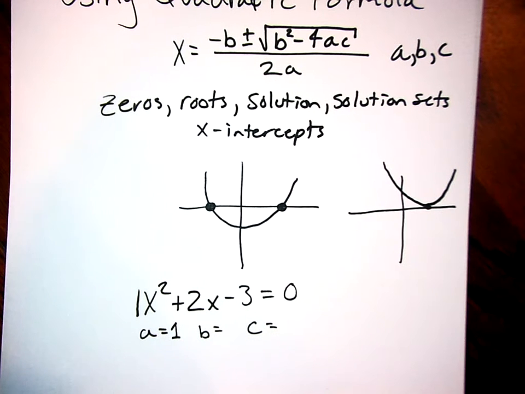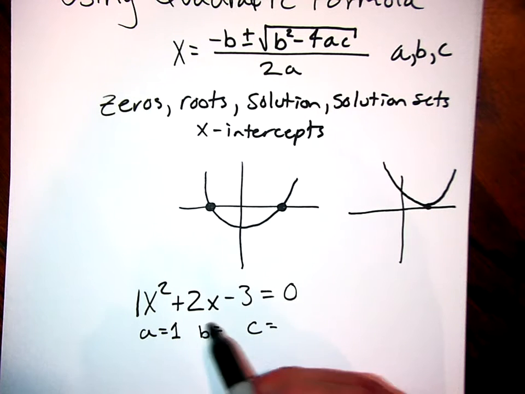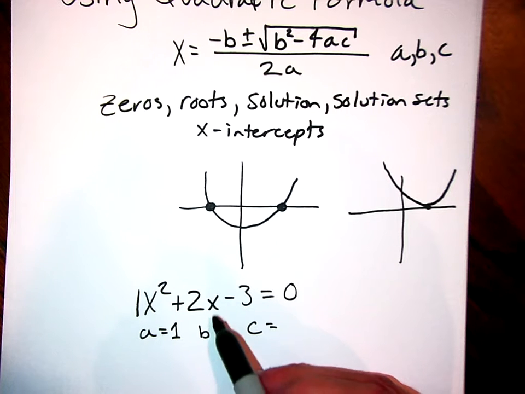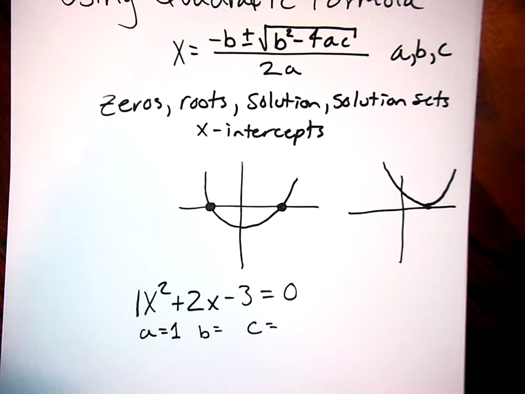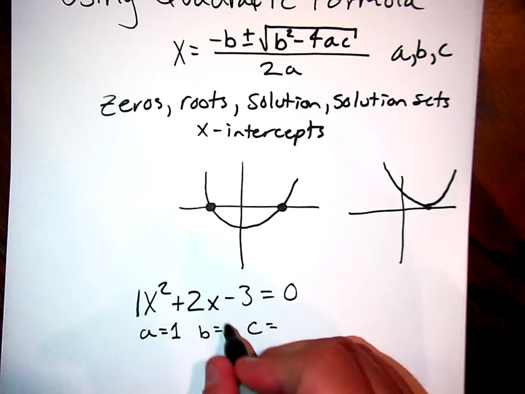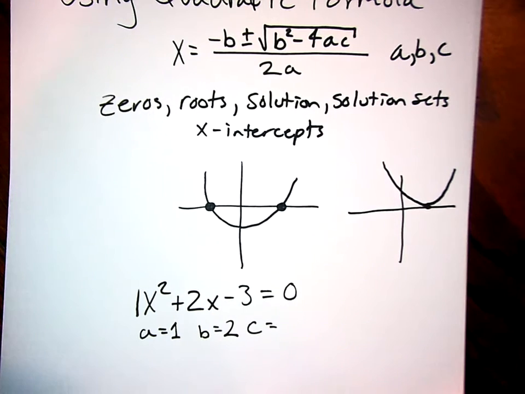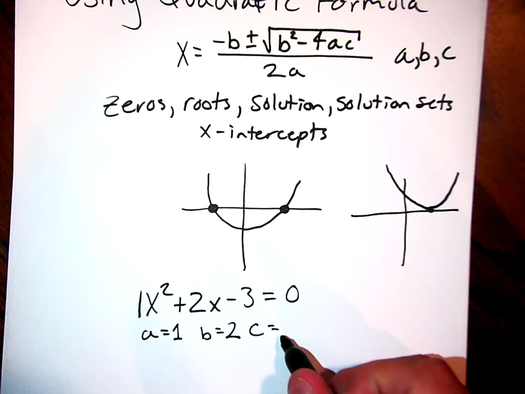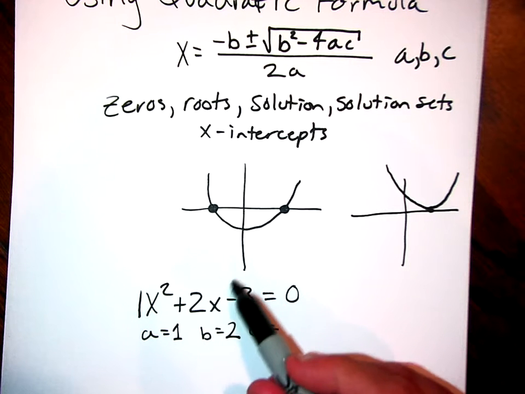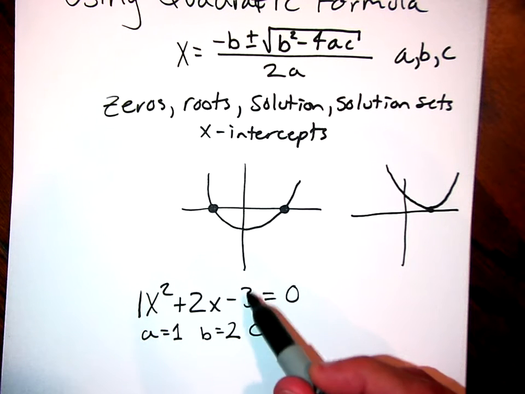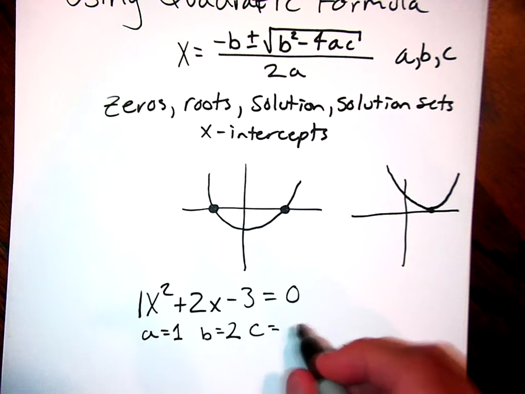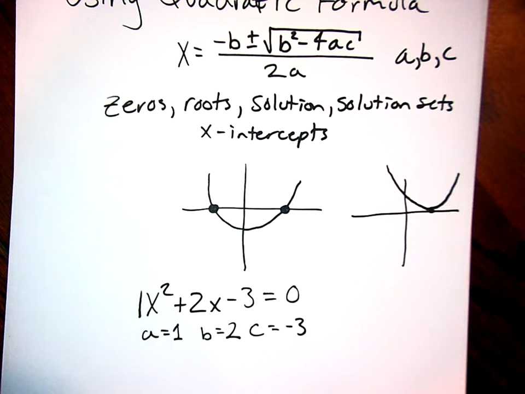Now the B value is always going to be the number attached to just the x term, not x squared, just the x. So from this we can see our B value is going to be 2. And finally, the C value is going to be the value that's just the lonely number. He doesn't have any variables. And so from this equation we see that our C value is -3.